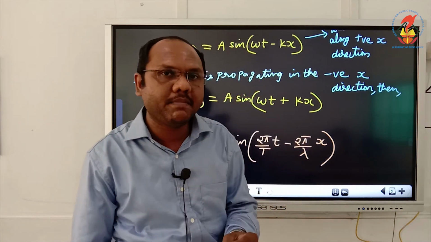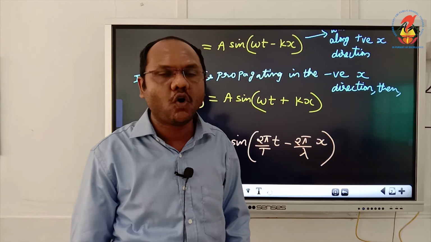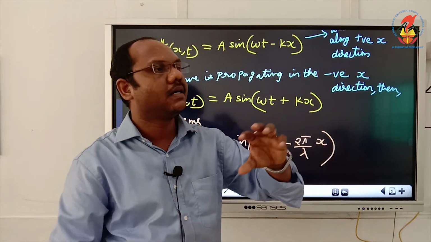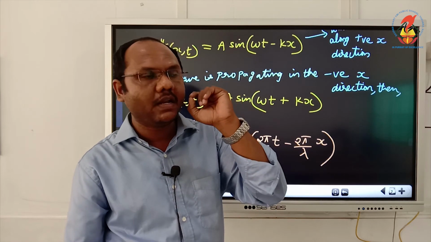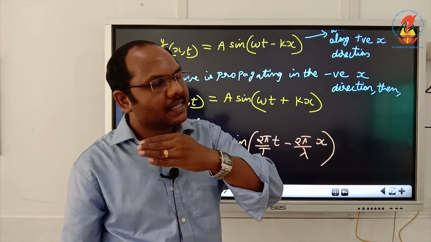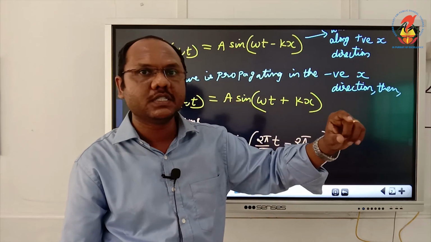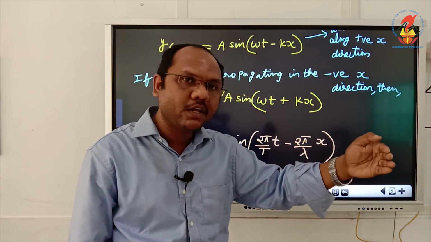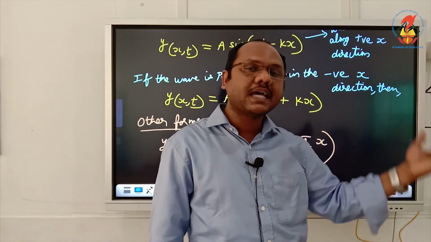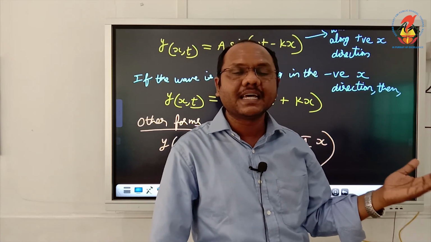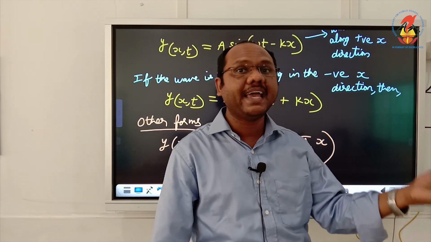Now, the sound can be reflected from an open boundary. Open boundary means, imagine a flute. So, we will blow from one side, the air will pass through the flute, it will reach the end of the flute, and the air outside the flute is rarer than air inside the flute.